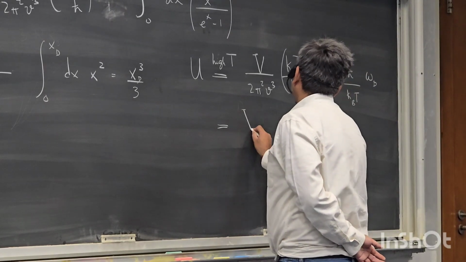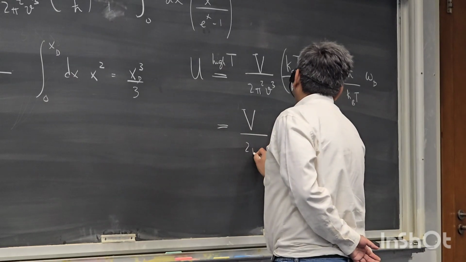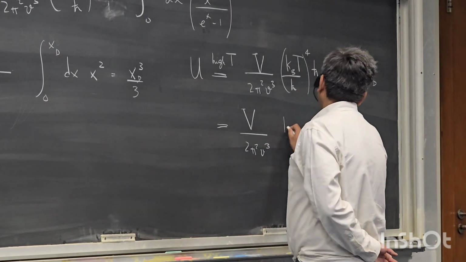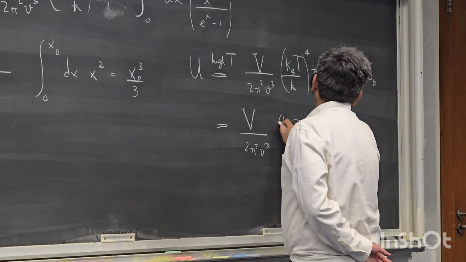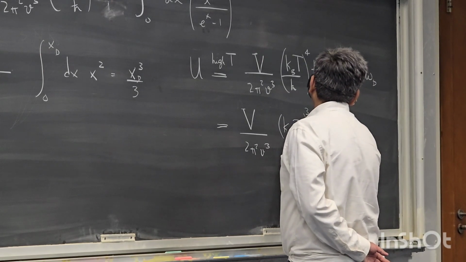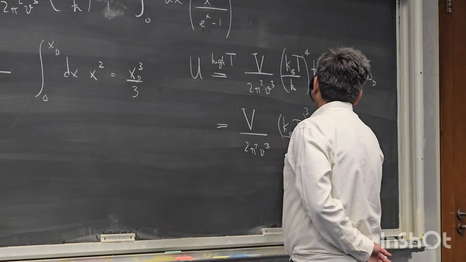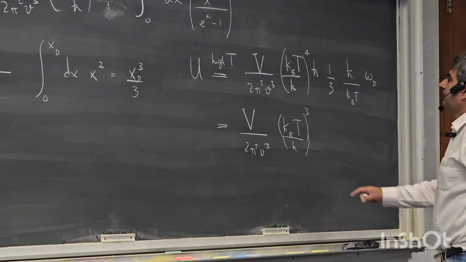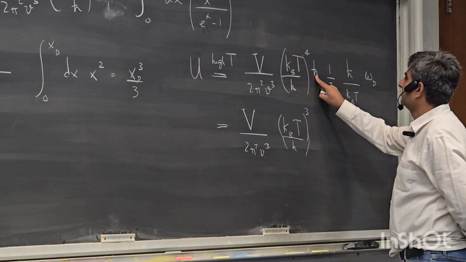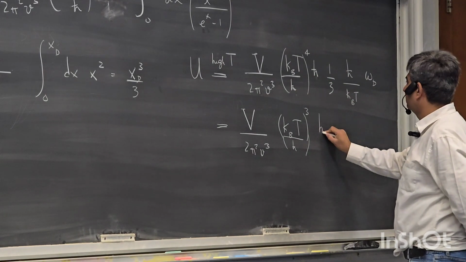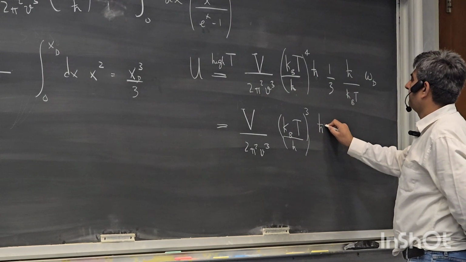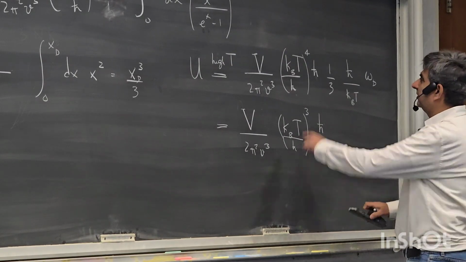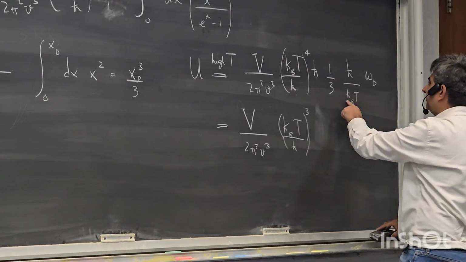This is V over 2 pi square v cube kBT over h bar cube. So this is h bar to the fourth. This is another h bar. But I've already taken this into account because I've reduced this from 4 to 3.